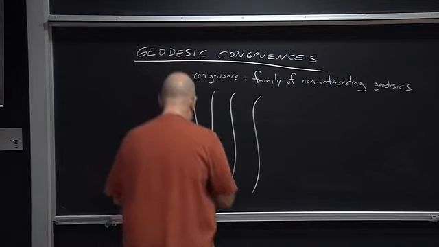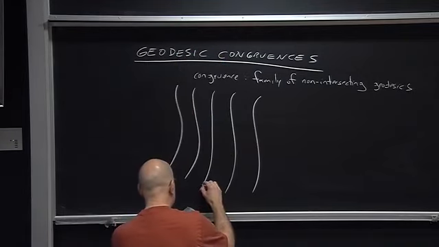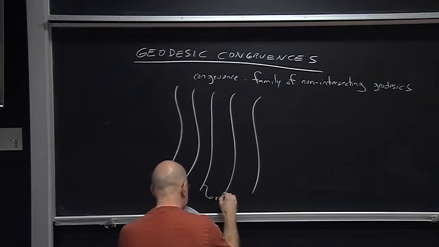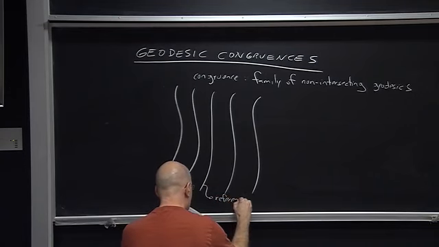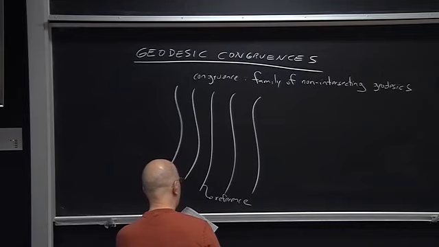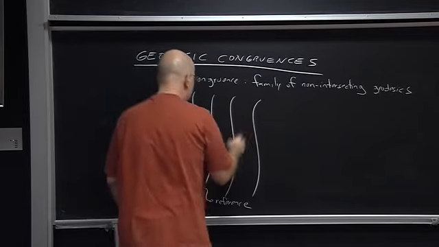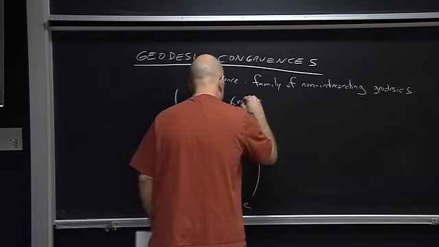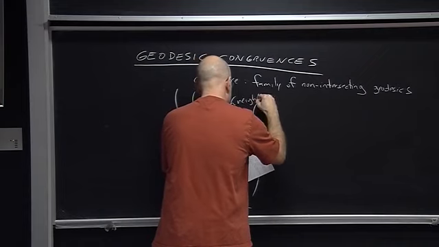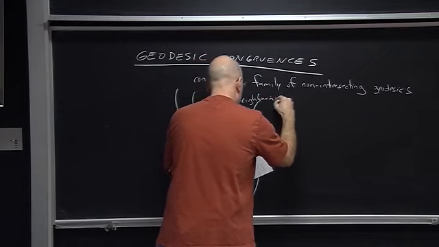So we're going to have one geodesic that's going to be a reference, and then we're going to have a bunch of neighboring geodesics. And we're going to be working locally.